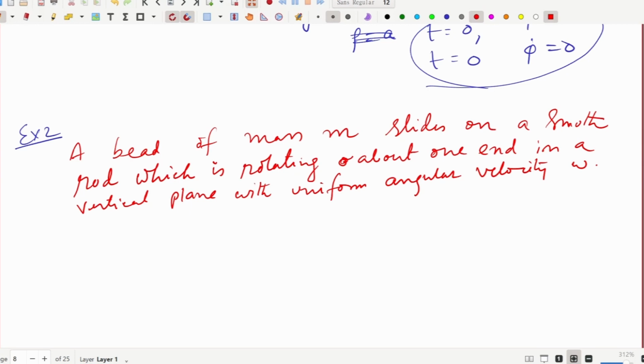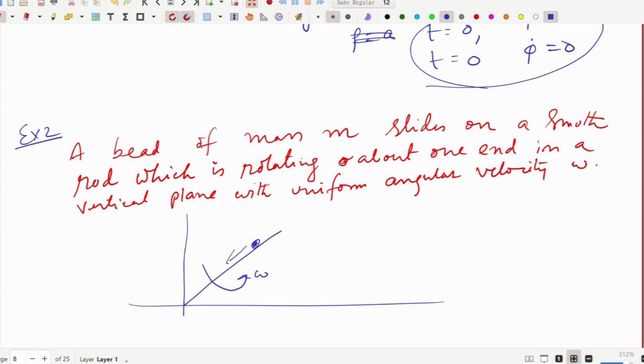So, let us see how we will solve this. Let me explain. You have a rod, say here, this is your rod, and a mass is sliding down along this rod, and this rod is rotating about its one end with the angular velocity omega.